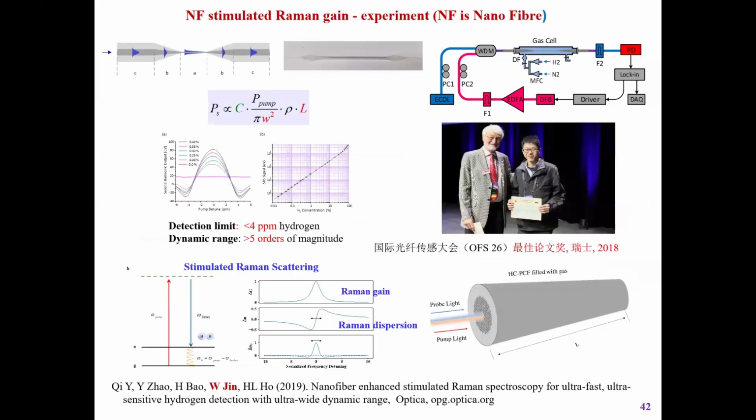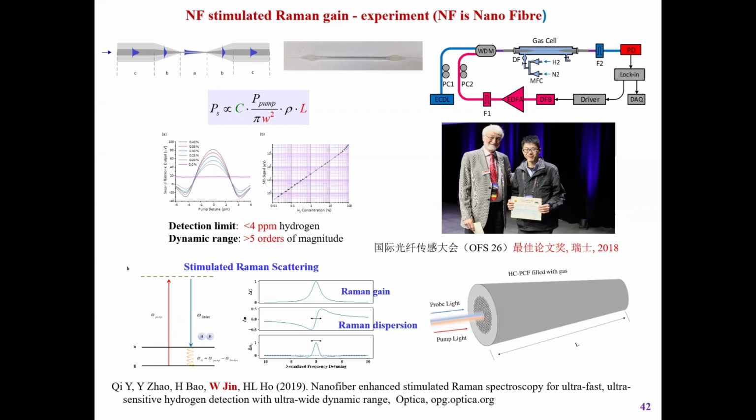And he designed a special so-called nano sensor based on Raman scattering. You can see here, maybe you can recall. Based on Raman scattering, he designed a nano fiber sensor. Here it is very small, its diameter is very small, like a nano size.